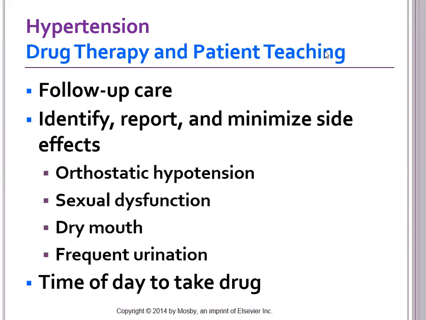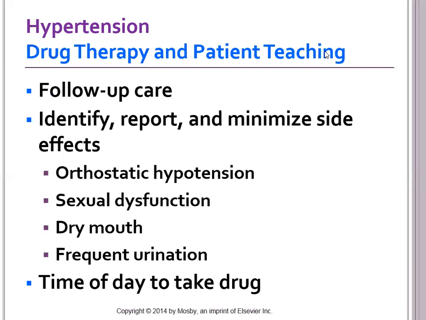So the meds that we use to treat hypertension are going to decrease the volume of circulating blood, and they're going to reduce systemic vascular resistance, which is what hypertension is. In your book, on page 691, starts the table for drug therapy.